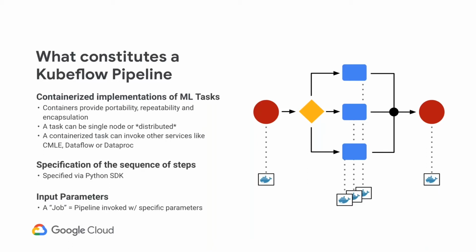And then the third aspect of defining a pipeline is defining the set of input parameters that the end user has to provide. So the containerized steps, the definition of the workflow topology, and the specification of the input parameters together constitute a Kubeflow pipeline.